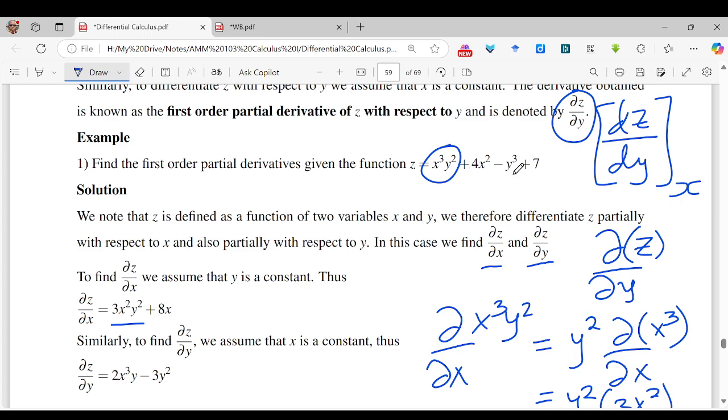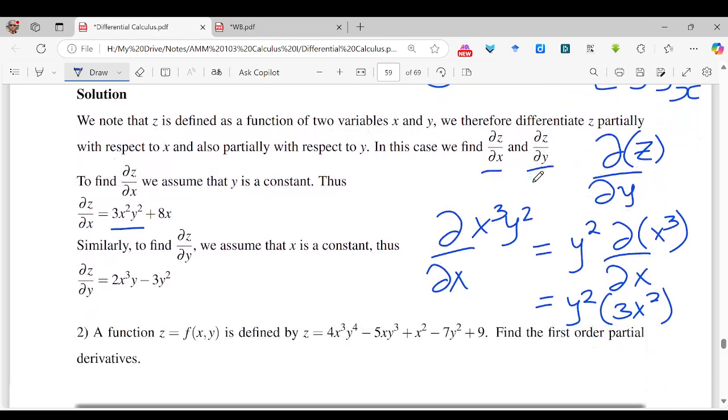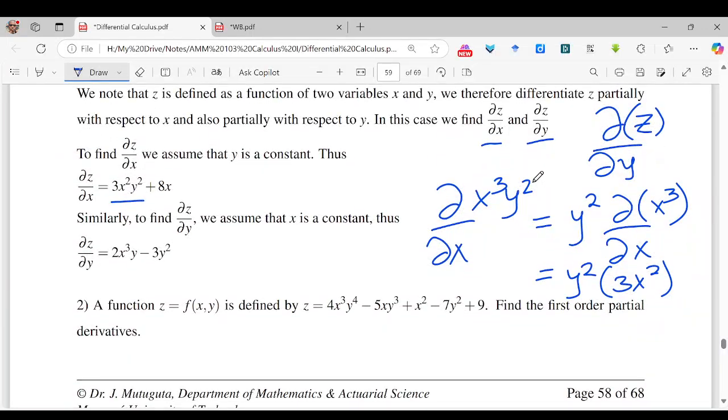So we get minus 3y squared, which is that second term there. Then the last term is a constant, so the derivative is 0. So in this case, the partial derivative of z with respect to y is 2x cubed y minus 3y squared.